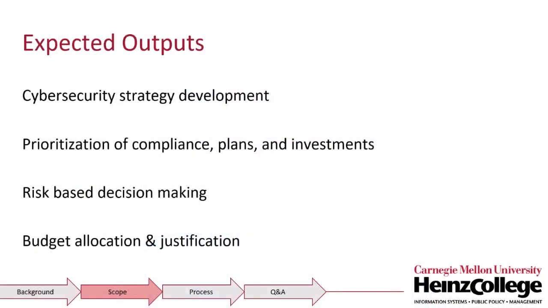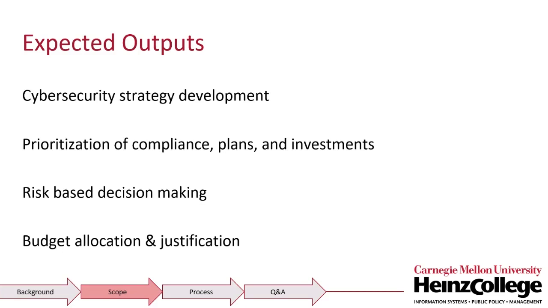Great, now that we established the background and scope, let's get now into the details of our method. What is our main objective? What are we looking for here? We want to give organizations the necessary artifacts to develop their cybersecurity strategies. So we are going to help CISOs in their cybersecurity strategy development by enabling them to prioritize compliance requirements, information security plans, and cybersecurity investments.